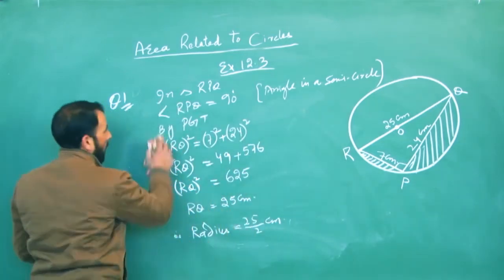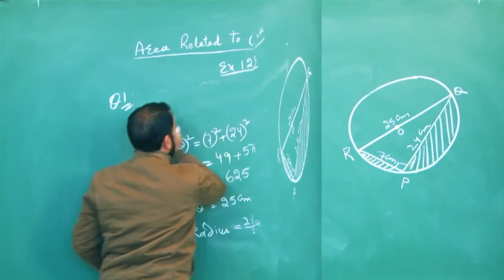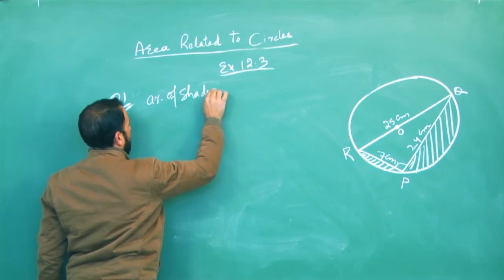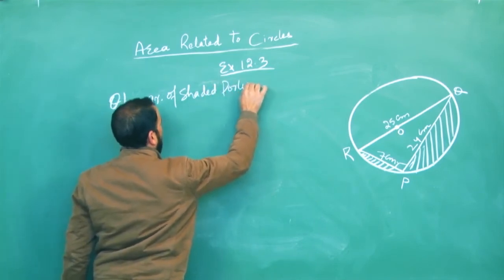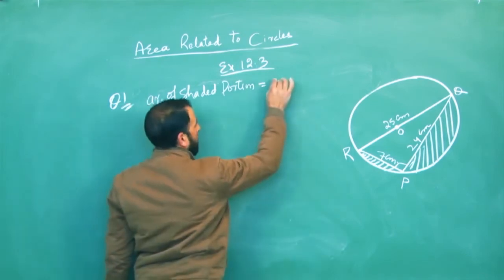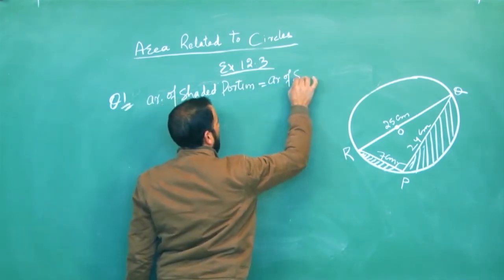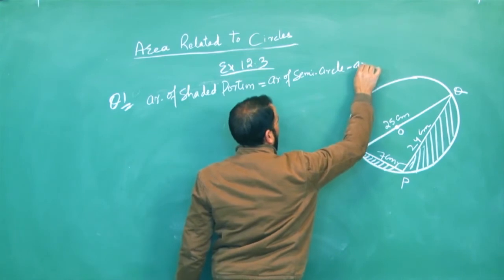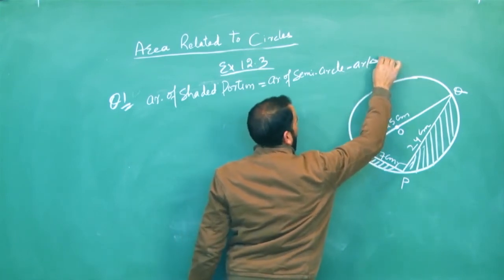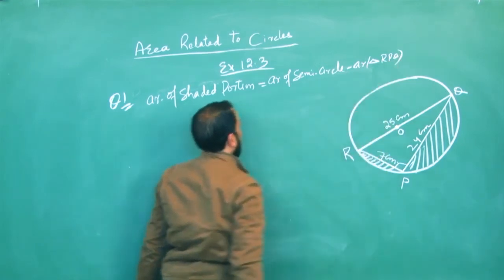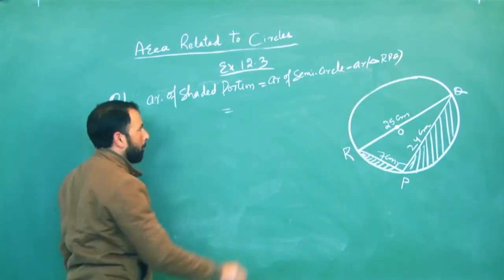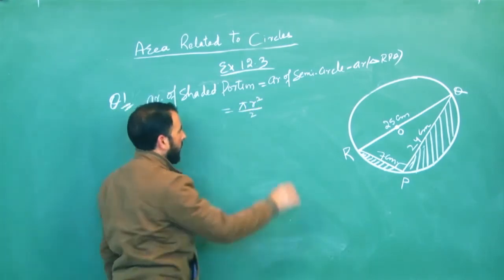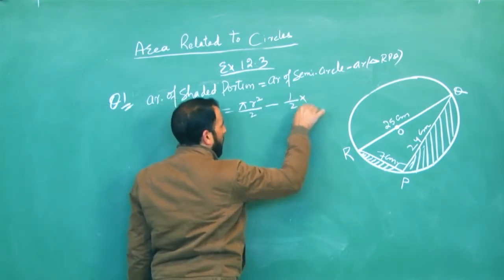So here, area of the shaded portion is equal to area of the semicircle minus area of triangle RPQ. The area of a semicircle is pi r square divided by 2, minus the area of a triangle, 1/2 of base into altitude.